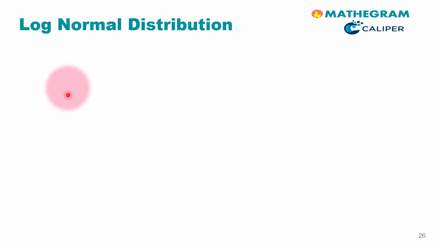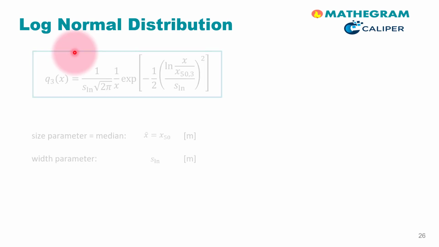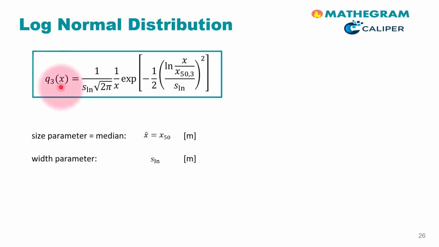First, let us have a closer look at the log normal distribution on this slide. What we see here is the expression for this distribution, specifically for the frequency distribution and the two parameters already seen before. Note that the mode diameter, i.e. the particle size with the highest frequency, is not identical to the median x50, but has a somewhat different value.